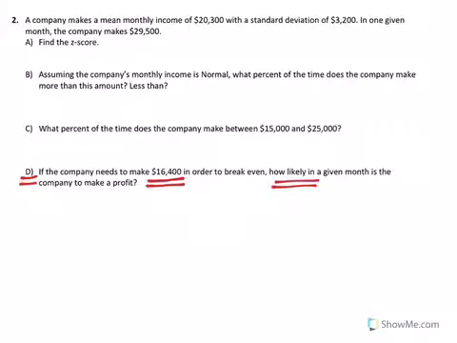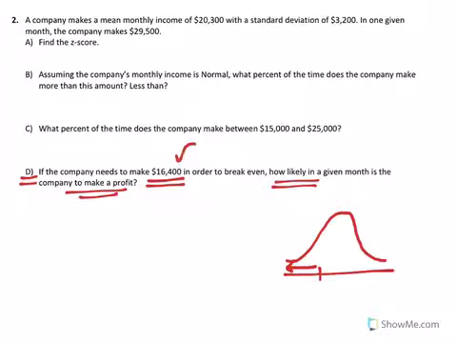So in terms of our curve, here, we find 16,400, and the simple answer is we're going to find the z-score, and the z-score is going to tell us everything below. But our question says, how likely is it that the company will make a profit, meaning make this or more?